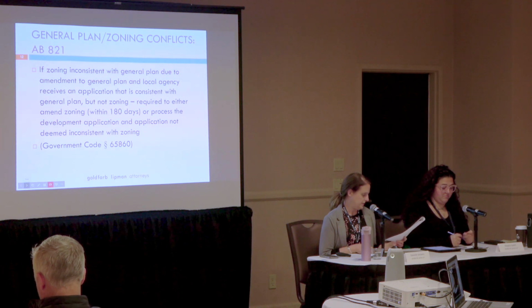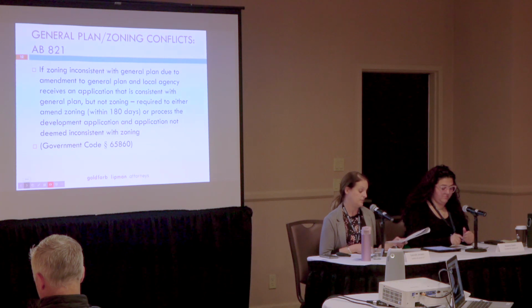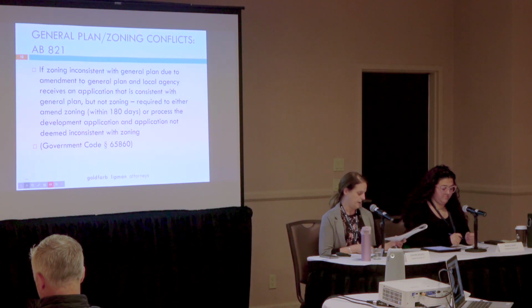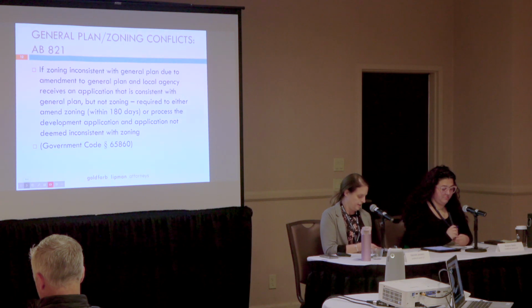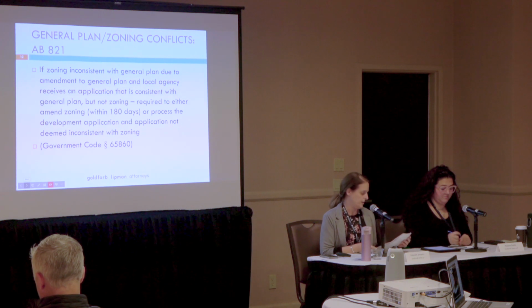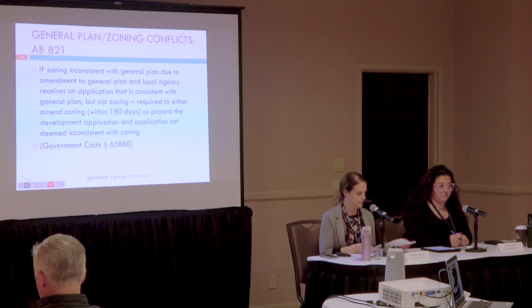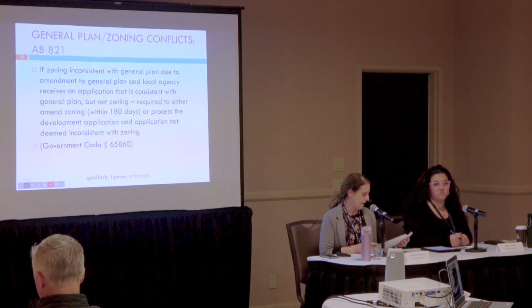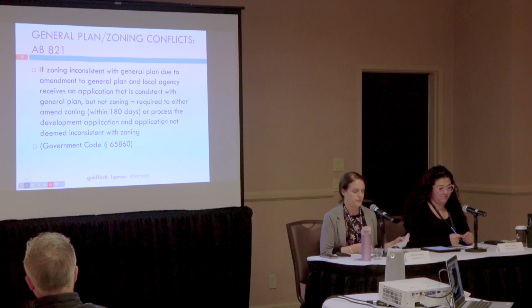What happens if the zoning and the general plan are not consistent is that if a project is submitted that is consistent with the general plan, but not with the zoning, the local agency has 2 options. They either have to amend the zoning ordinance within 180 days of receiving the application to make it consistent with the general plan, or if that does not happen, then the agency must process the development application and any objective general plan standards that are inconsistent do not apply.